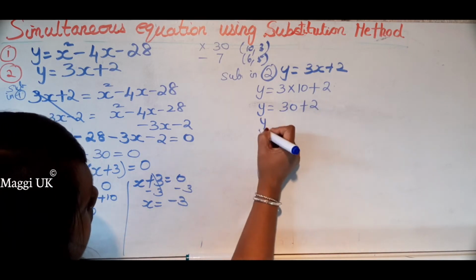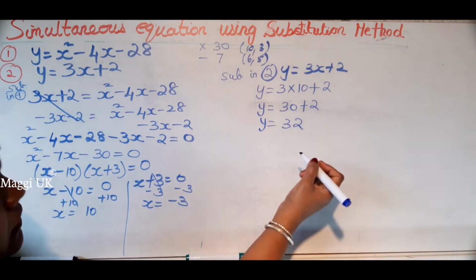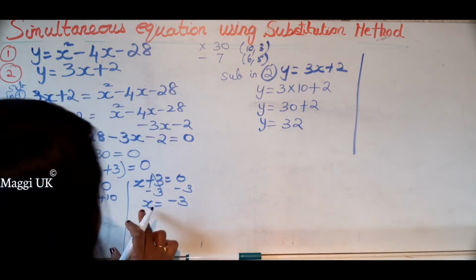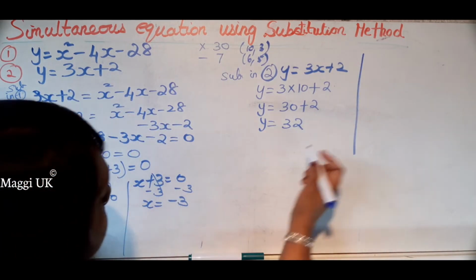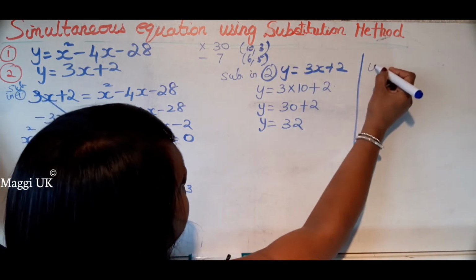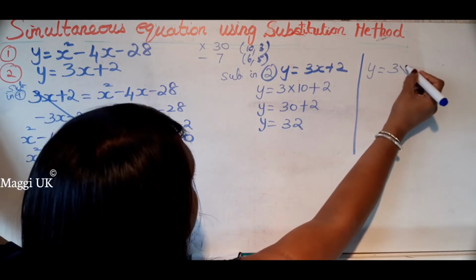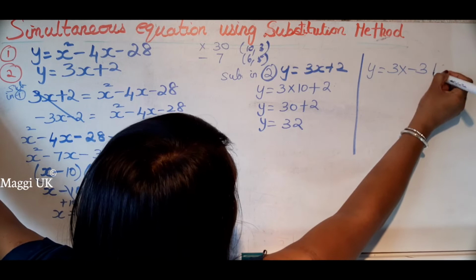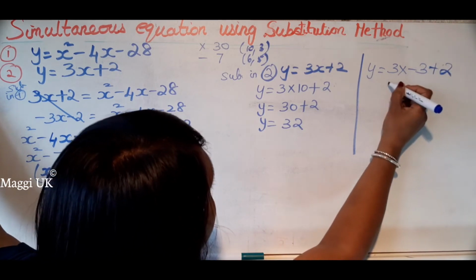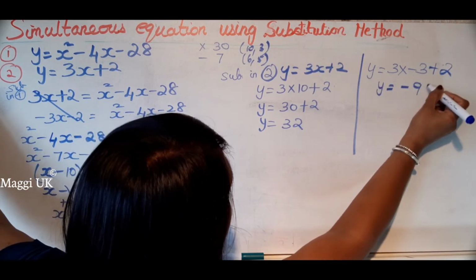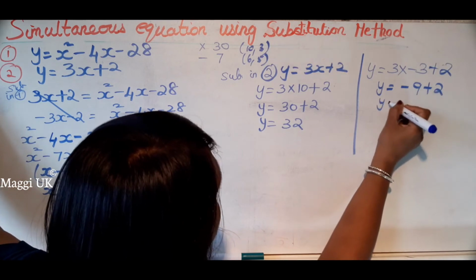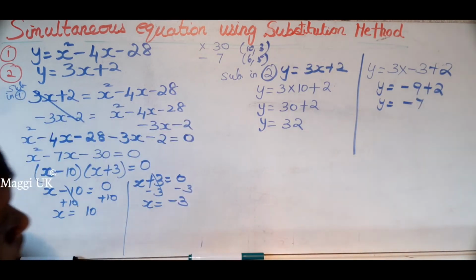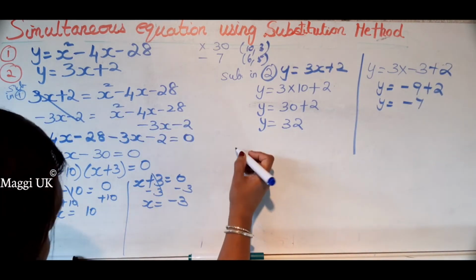Then we do the same for minus 3, because it doesn't really matter. It will be 3 times minus 3 plus 2, which is minus 9 plus 2, which is minus 7. So now you have to write the answer.